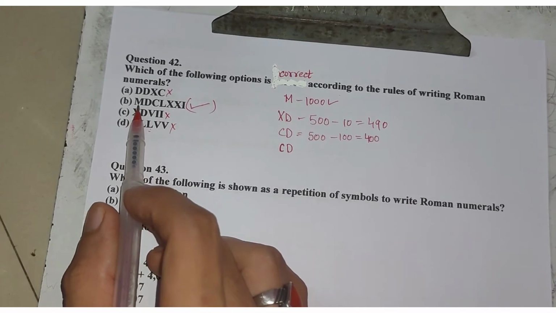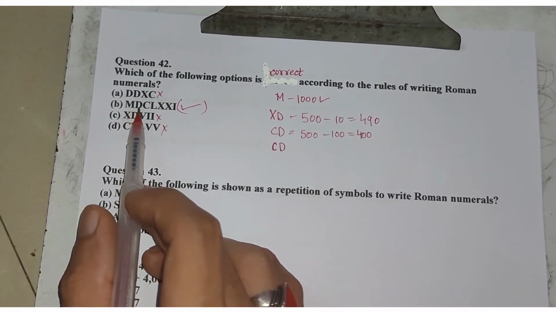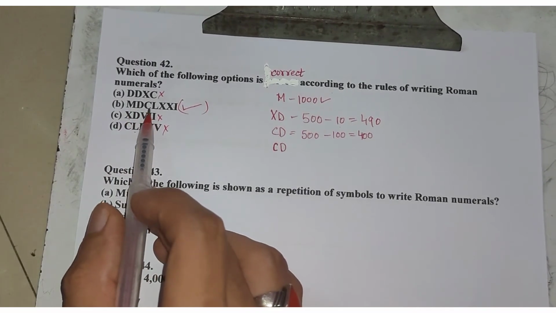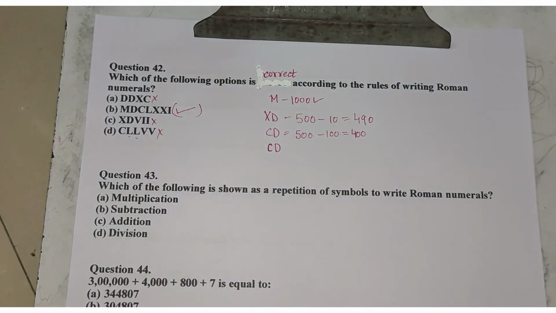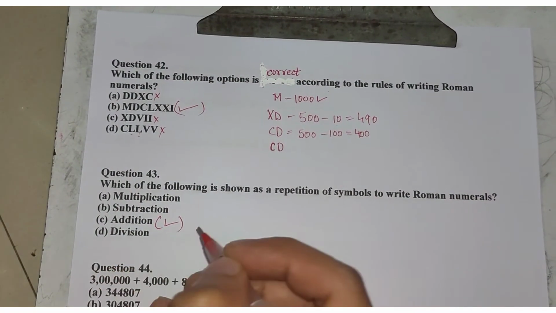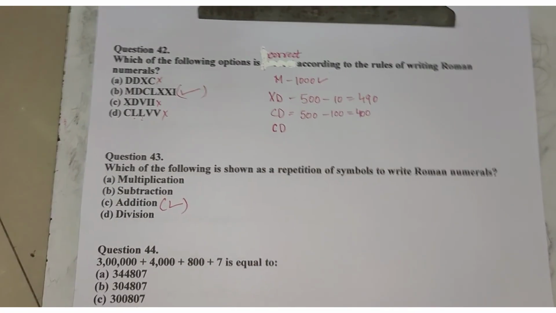This is M, representing 1000, plus D representing 500, plus C which is 100. So we are always adding up these letters into the Hindu-Arabic form, and we use only the repetition of addition each and every time to identify the Roman numerals in normal numeric form. So it will always be option C, that is addition.